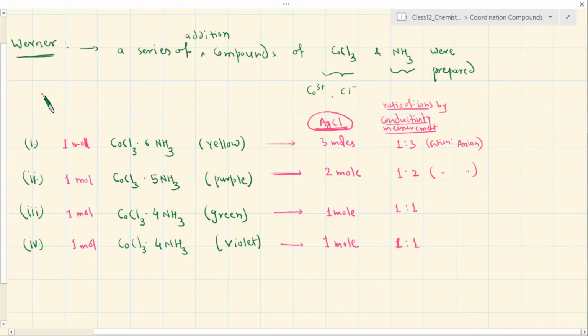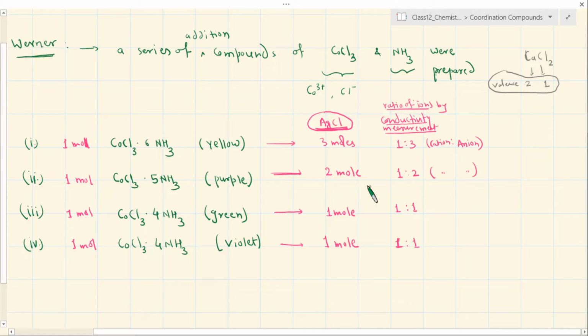For example, when I ask what is the valency of calcium ion and chloride ion in calcium chloride, you will immediately say calcium has a valency of 2, and each chloride has a valency of 1, right? So this is the valence. We know this idea of valence in simple salts like this, 1 valence.